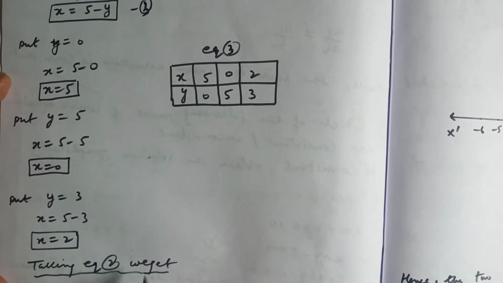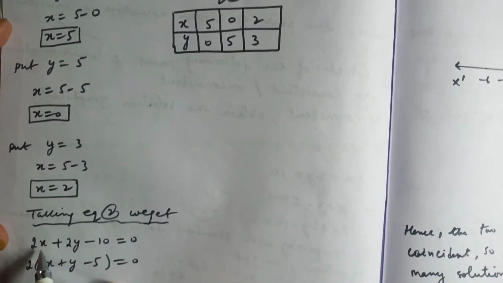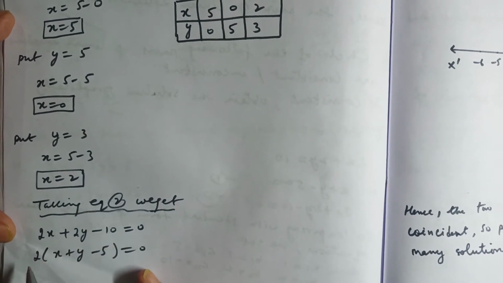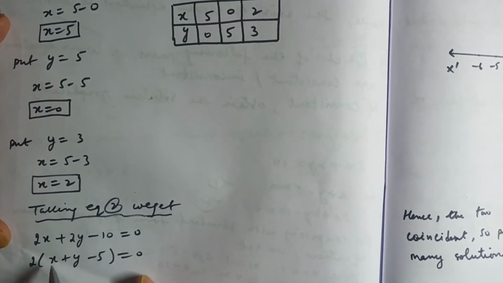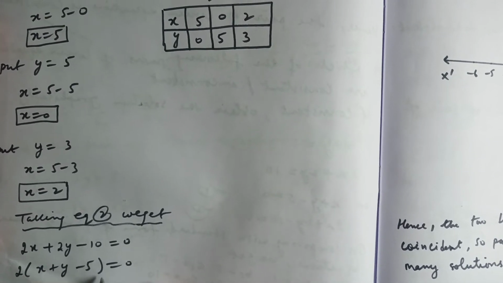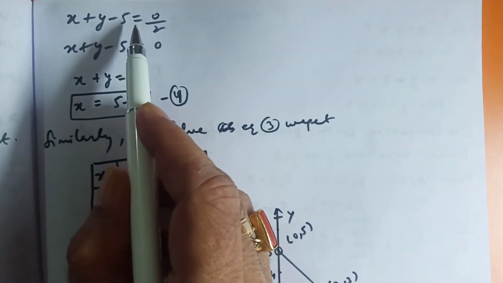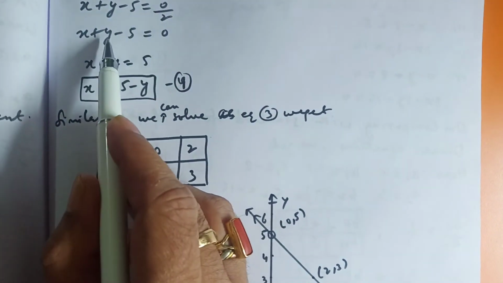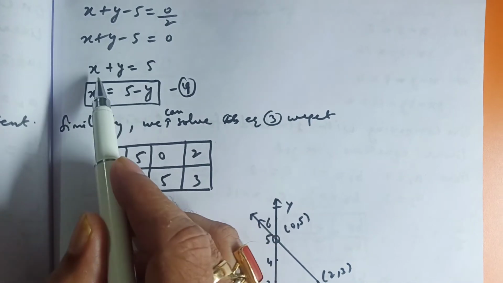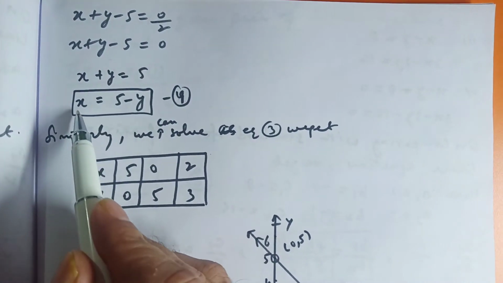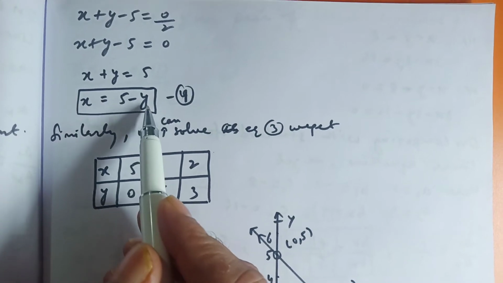Taking equation second, we get 2x plus 2y minus 10 equal to 0, 2 common, 2 bracket x plus y minus 5 equal to 0. That is x plus y minus 5 equal to 0 upon 2, x plus y minus 5 equal to 0, x plus y equal to 5, x equal to 5 minus y.